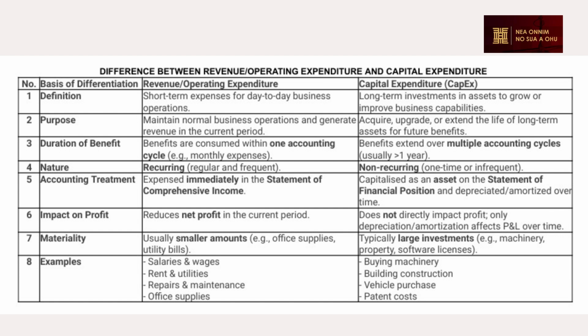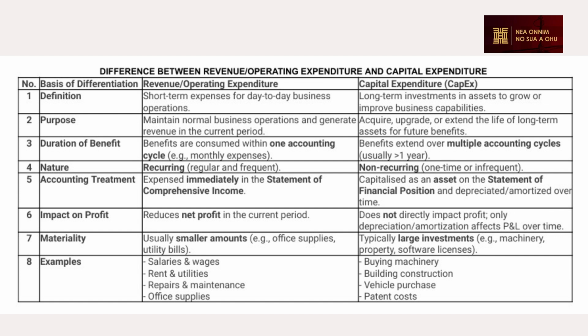It will only have a derived impact on profits when there is amortization or depreciation of those assets into the statement of comprehensive income. And so when it comes to the impact on profit, revenue or operating expenditure have direct impacts on profit, whereas capital expenditure do not have a direct impact on profit.